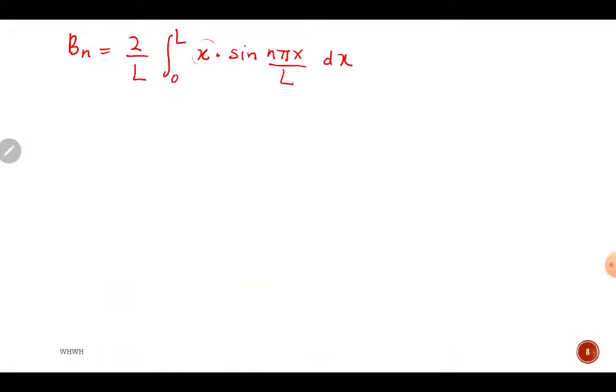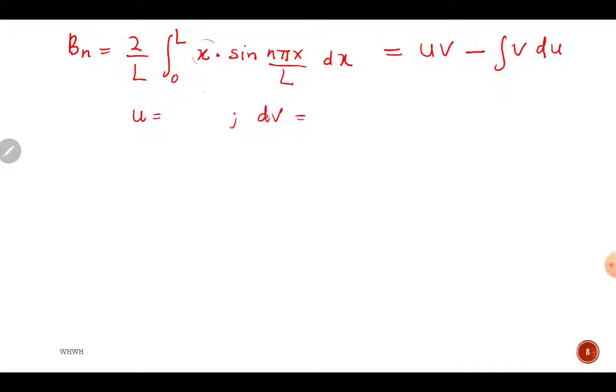So to solve this, you need integration by parts, the one we discussed in Engineering Maths 1, where the formula is uv minus integration of v du. Now you need to know what to let as your u and what as your dv. We have discussed all of this in Engineering Maths 1.